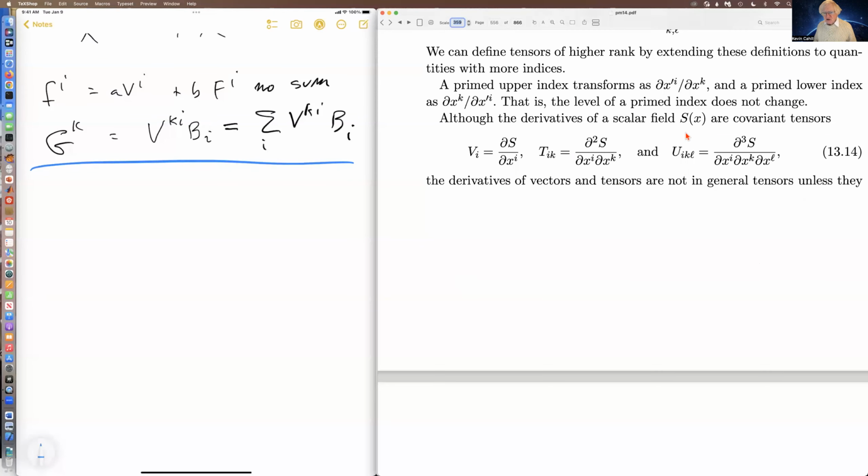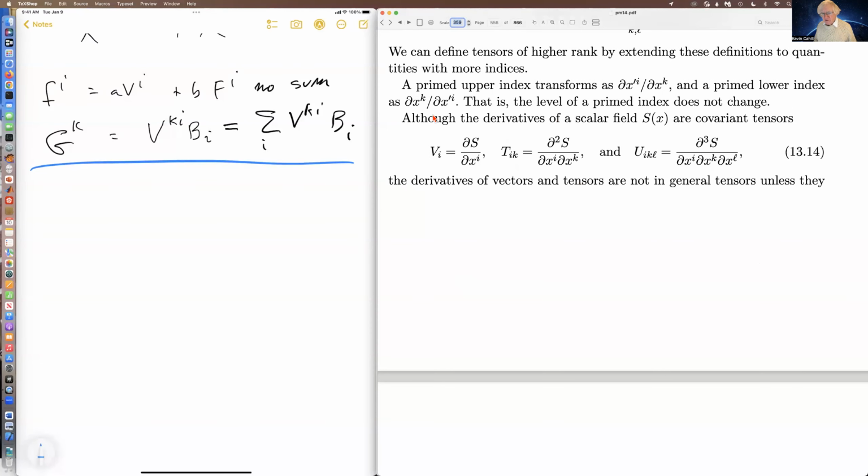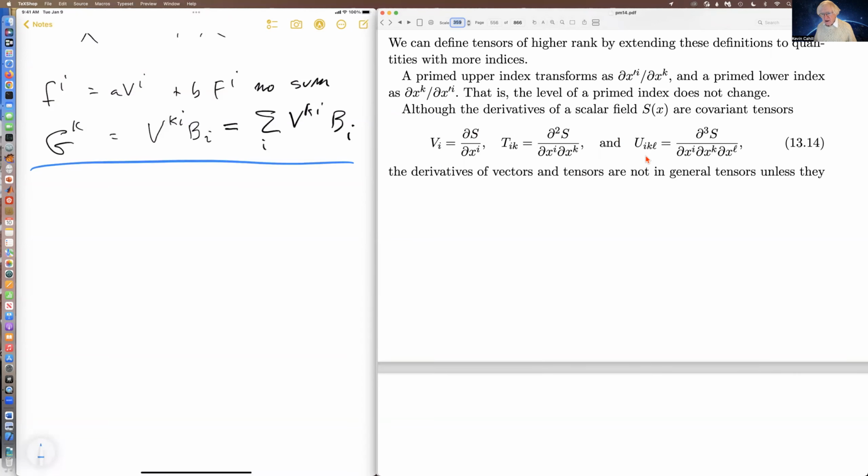If you differentiate repeatedly a scalar field, and remember, field just means a quantity that's a function of the space-time coordinates, you get a tensor of rank 1, a tensor of rank 2, a tensor of rank 3.